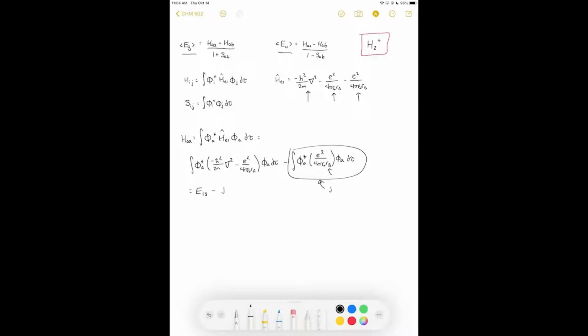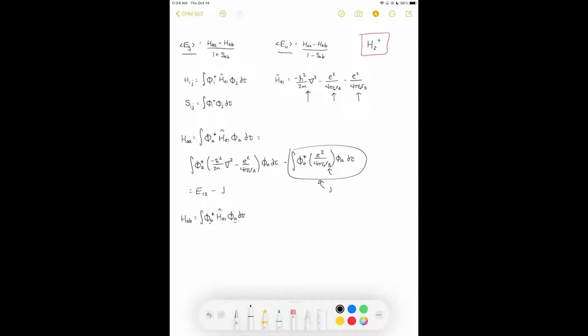So then we'll go ahead and do the same thing for HAB. And this will give us the integral of phi B star, the total energy operator for the electron, and then on phi A. And remember, this B and A here are not referring to different eigenfunctions of the same operator.